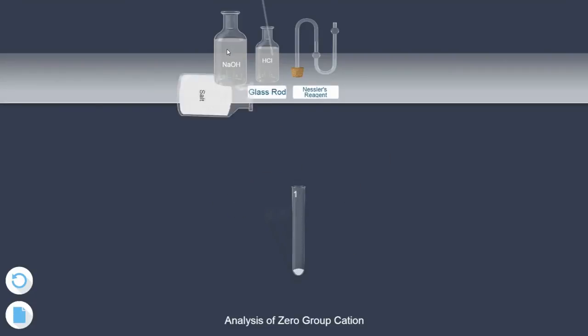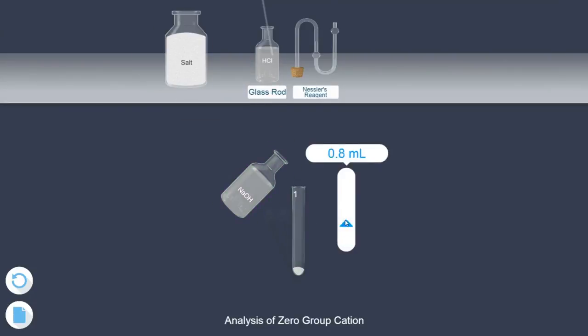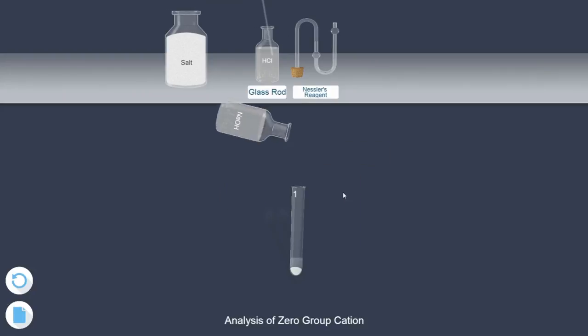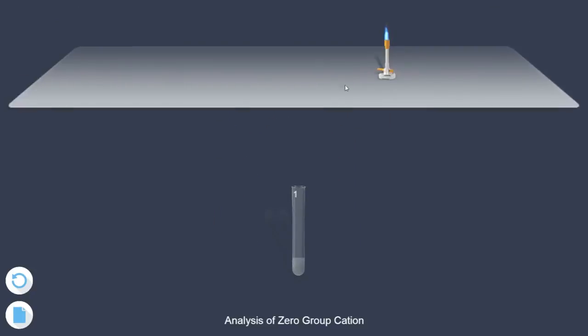Add 1 or 2 ml of NaOH solution and heat it. Since there is no smell of ammonia, this indicates the absence of ammonium ions.